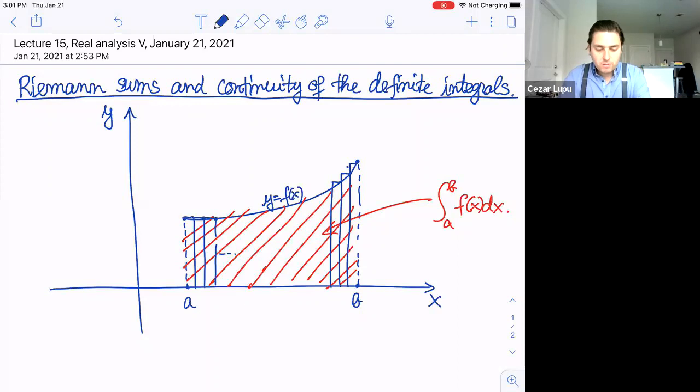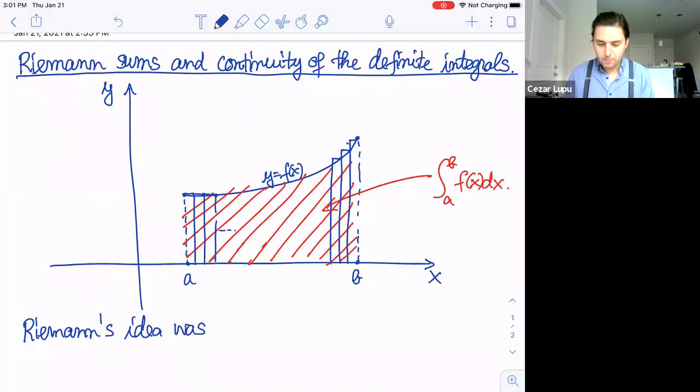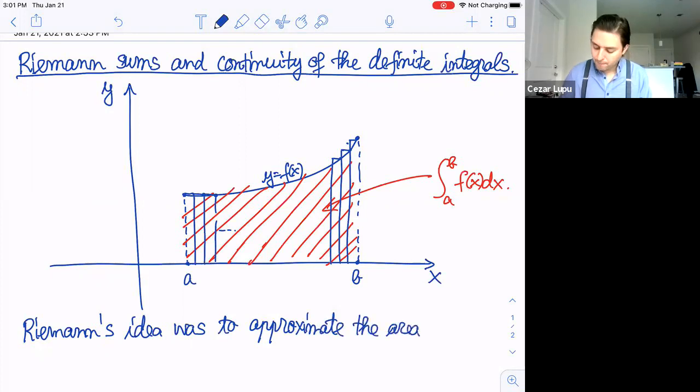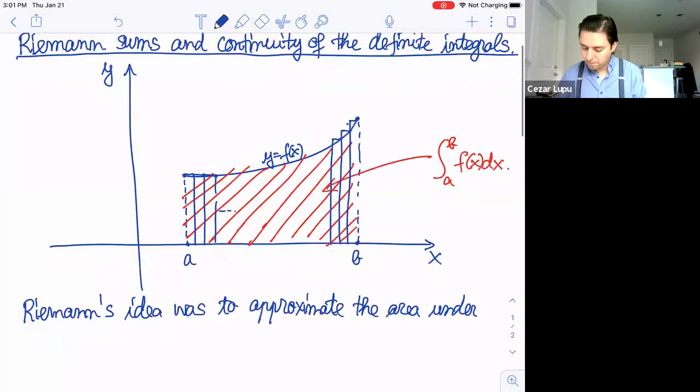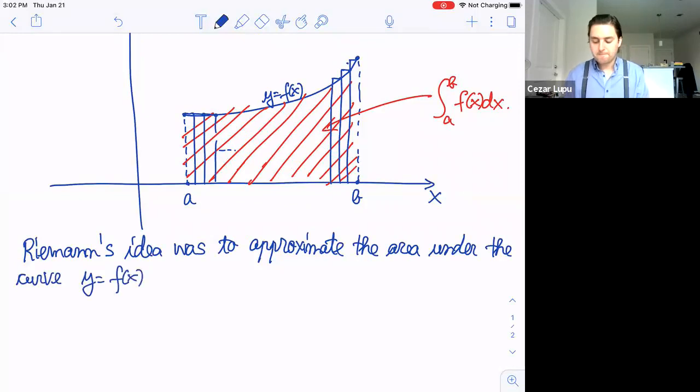All right, so that was the Riemann's idea. And let me write this a bit. So Riemann's idea was to approximate the area under the curve y equals f of x by rectangles.